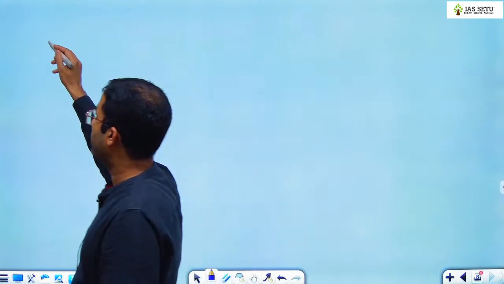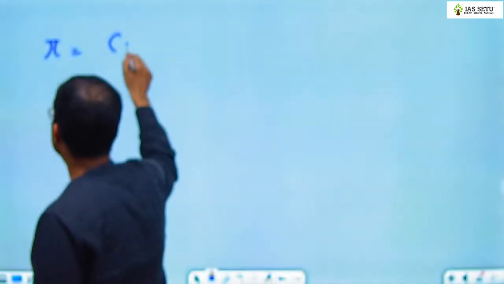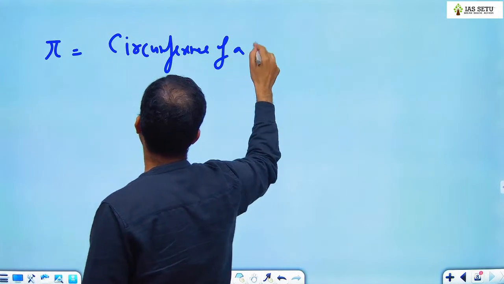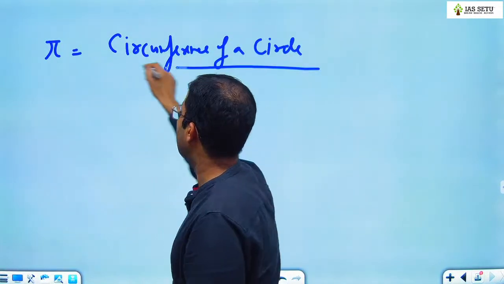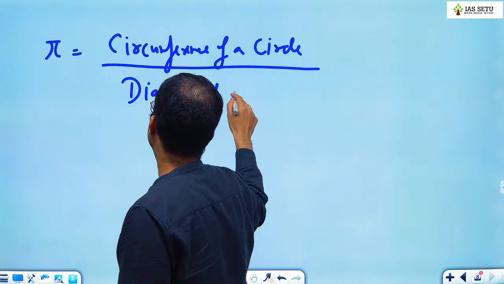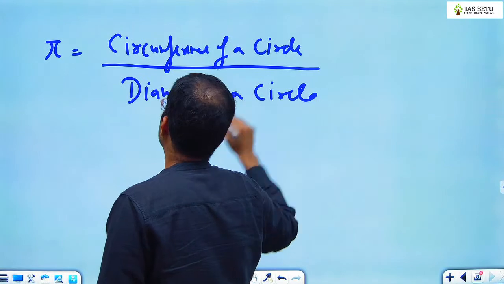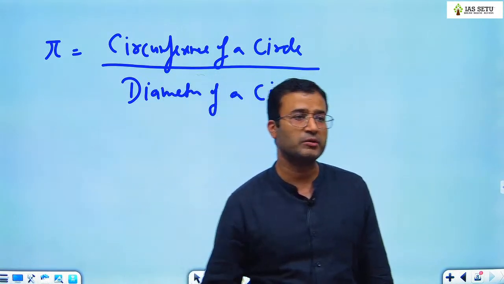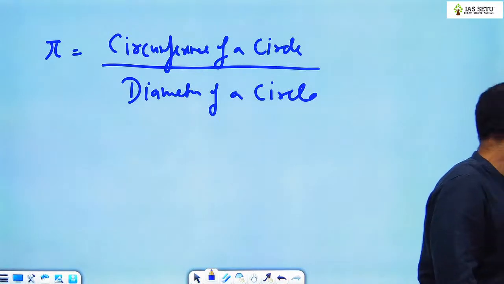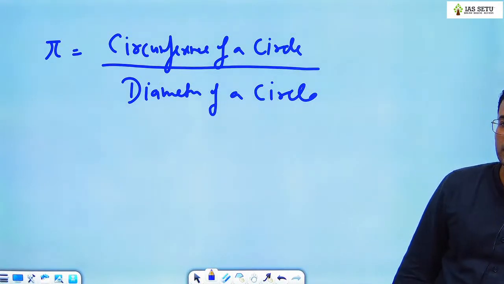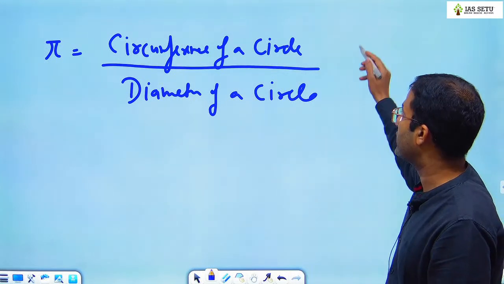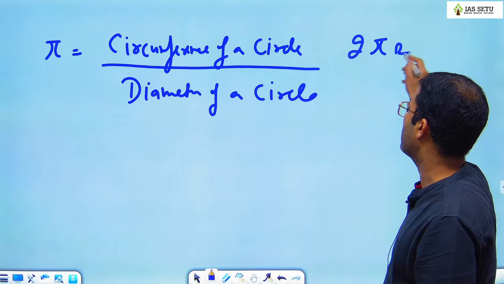You can write pi is the circumference of a circle divided by the diameter of a circle. This is pi. What is the formula of circumference? 2 pi r.